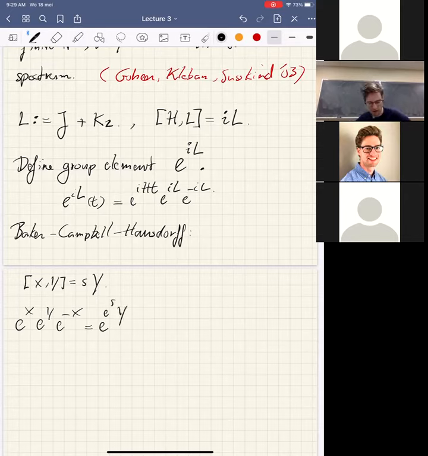Okay, so when we apply this formula to our time evolved e to the iL, we can rewrite it as follows. We just pick up a factor of e to the minus t.